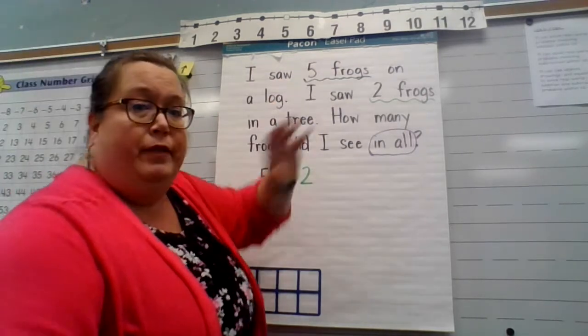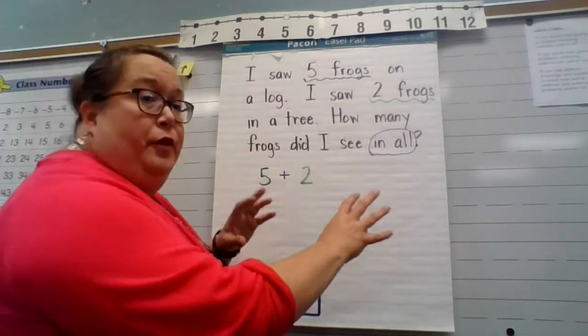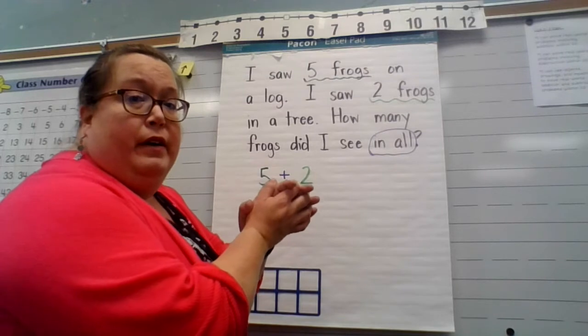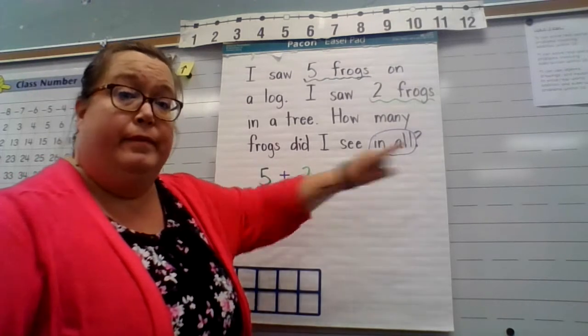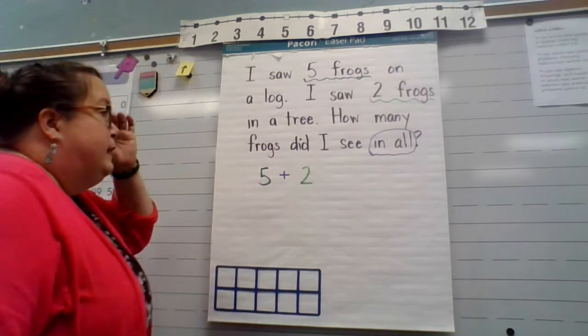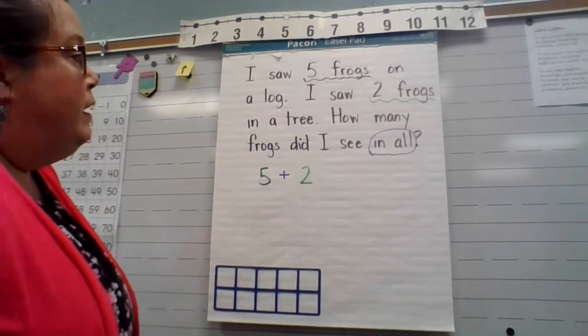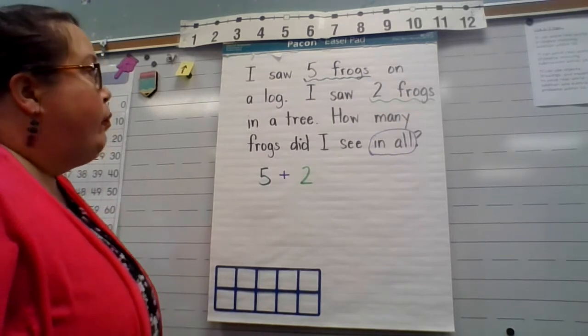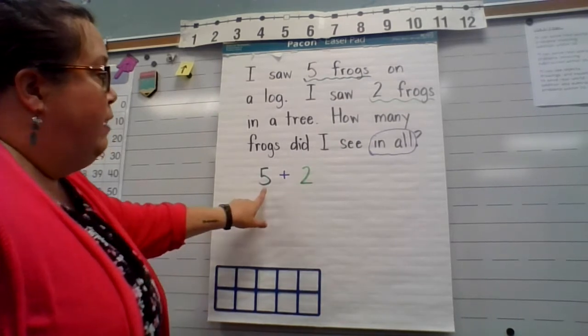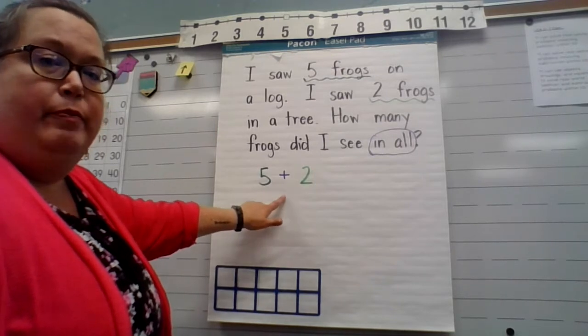So we have 5 frogs and we have 2 frogs, and we're going to put them together to find out how many frogs we had in all. Okay? All right. Now, there's a couple different ways that we can do this. Because now we have a number sentence, 5 plus 2.